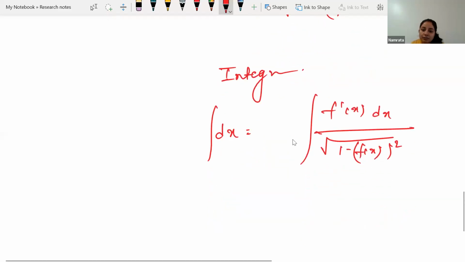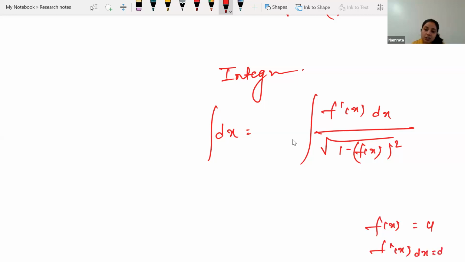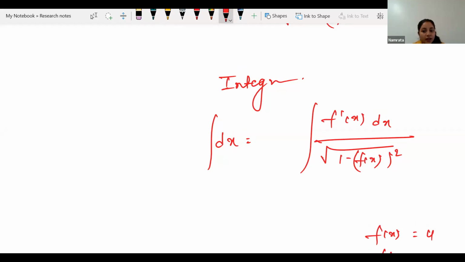If we take f of x as, let's say, u, then f dash x dx is equal to du. Can you see we are easily getting the numerator? For that only we have done this here and there, first squaring and then transferring this square root sign, so that we will be able to do the integration when we go ahead.